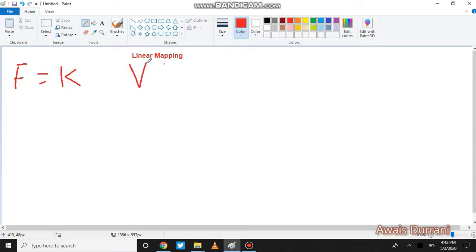V is a vector space over the field K, and we also have another vector space U that is also a vector space over the field K. It means that both spaces are vector spaces over the same field K. And now we define a mapping F from V to U.